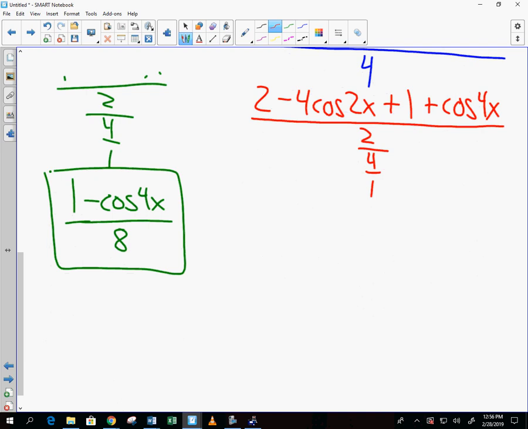The 2 and the 1, they're like each other, right? And 2 plus 1 makes, yep, 3. Good. Minus 4 cosine of 2x plus cosine of 4x all over what? Multiply by reciprocal? 8.